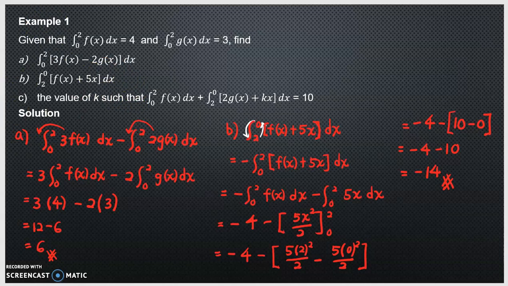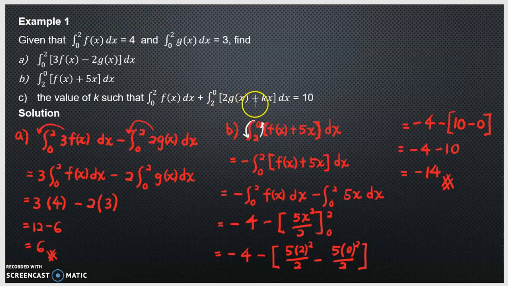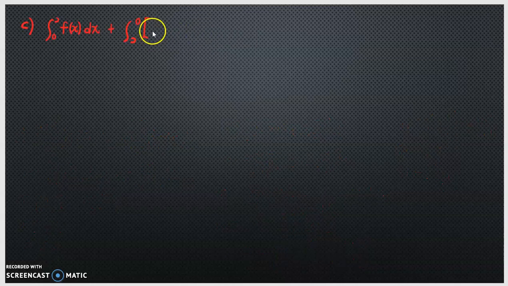Integrate from 0 to 2 for the function of f(x) with respect to x plus integration from 2 to 0 for the function of 2g(x) plus kx with respect to x is equals to 10.